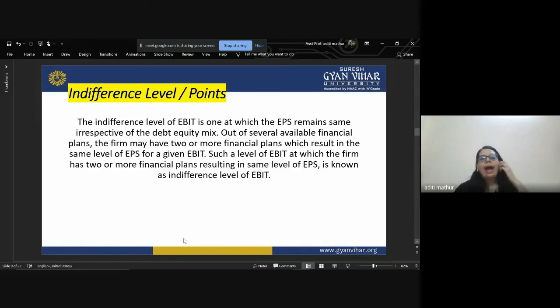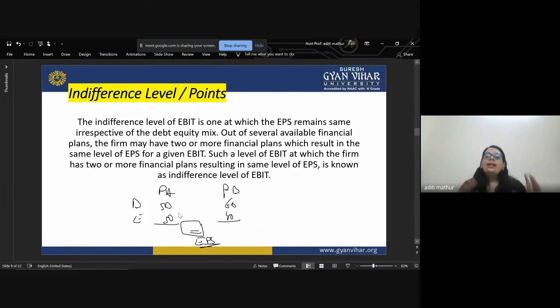That means if you have your plan A and plan B, where the debt to equity ratio might be 50-50 or 60-40, at both these levels your EPS will be the same.